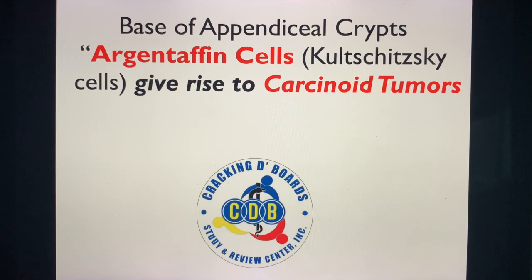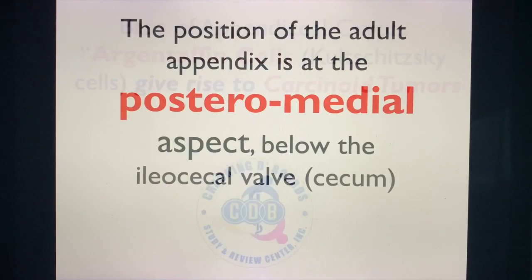These are your argentaffin cells or your Kulchitsky cells. These are actually neuroendocrine cells. These are the cells that give rise to the carcinoid tumors. Now, please remember, common location for your carcinoid tumor would be the appendix. So the argentaffin cells or Kulchitsky cells give rise to your carcinoid tumors.